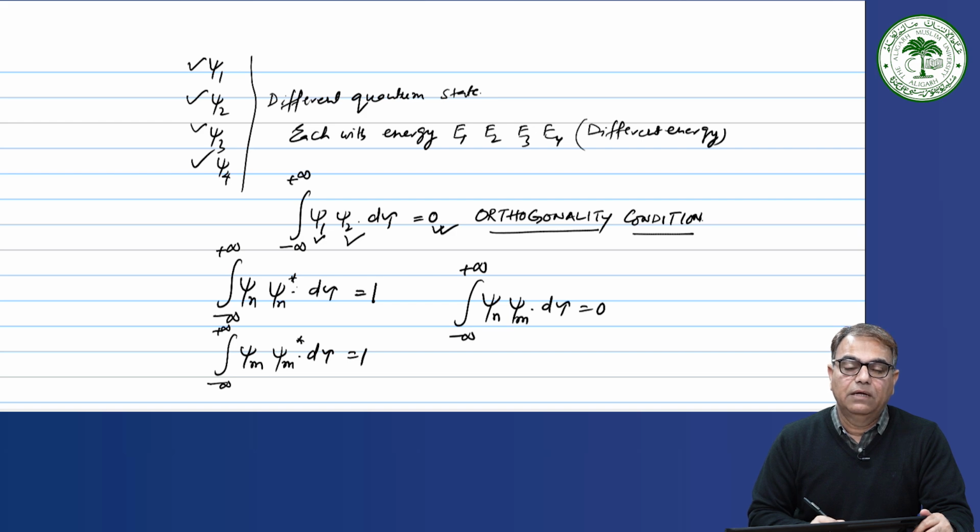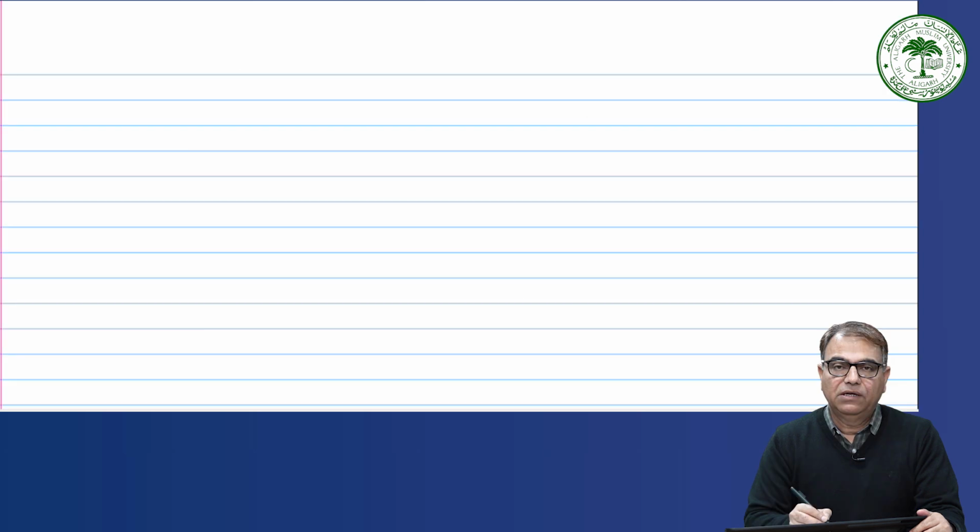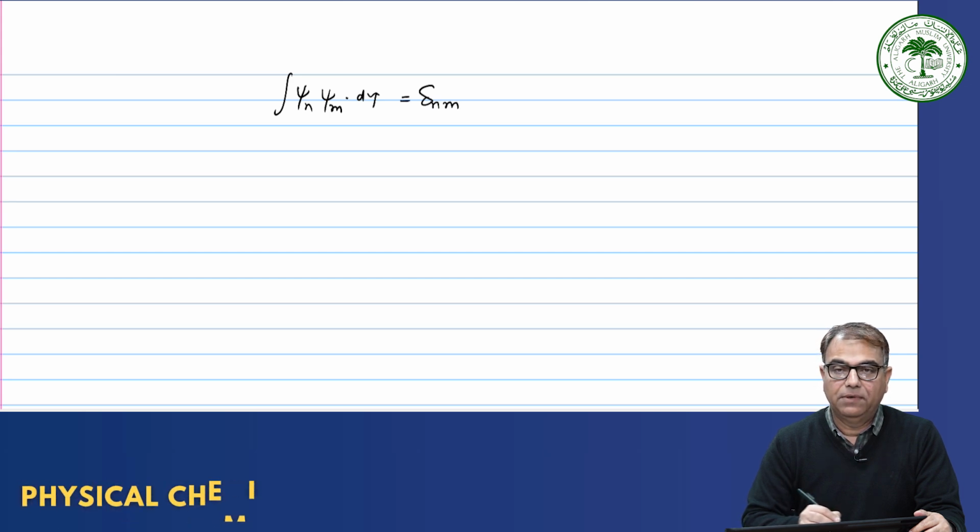Okay, and we can combine these two relationships as the orthonormal condition. So we can write the integral of psi n psi m d tau is equal to delta nm.